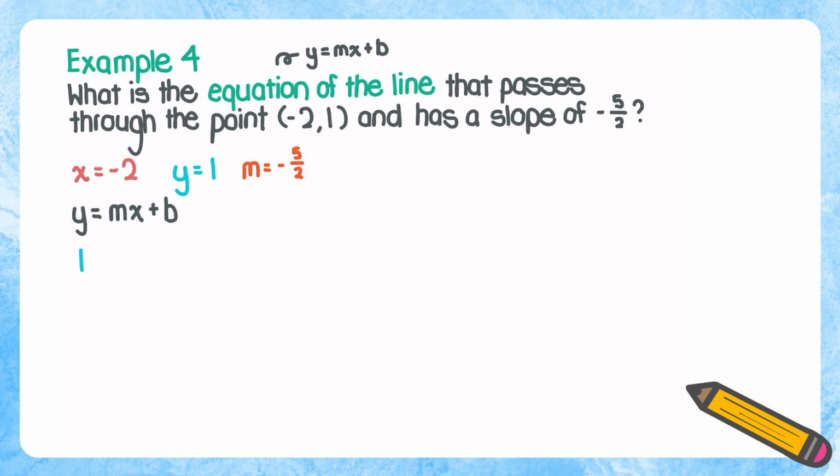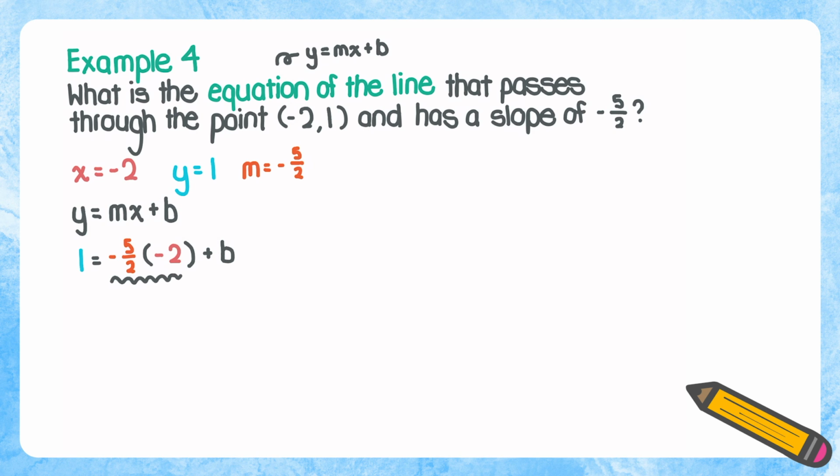So replacing the values, we have 1 equals negative 5 over 2 times negative 2, and then plus b. So let's simplify this step by step.